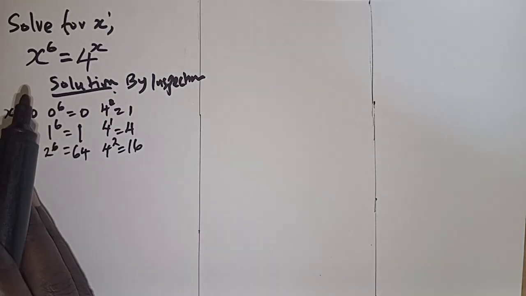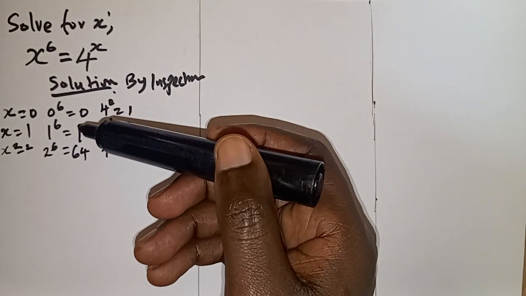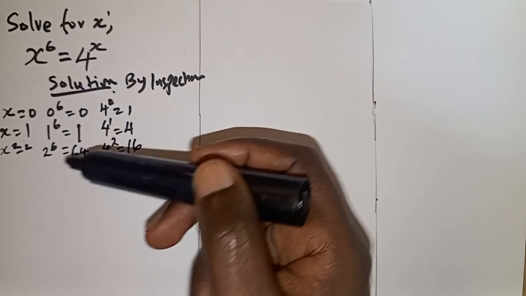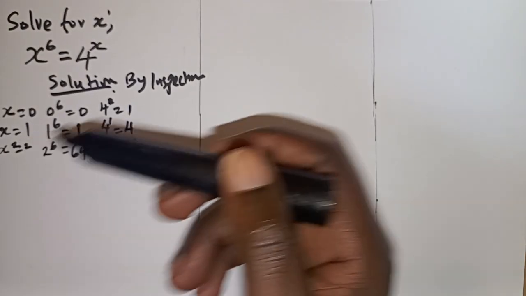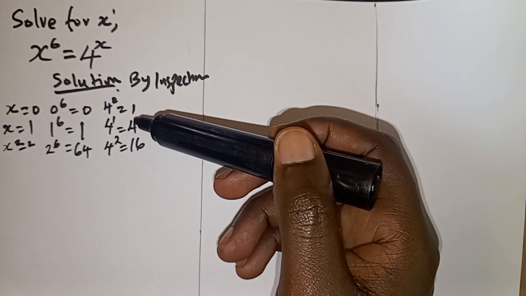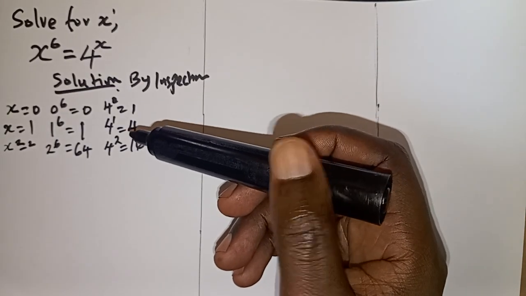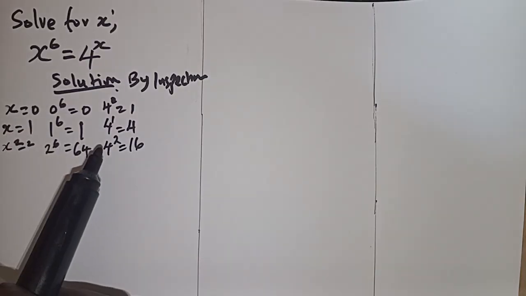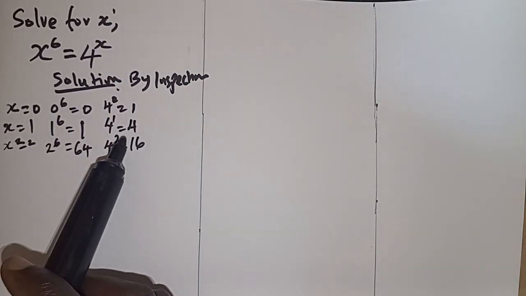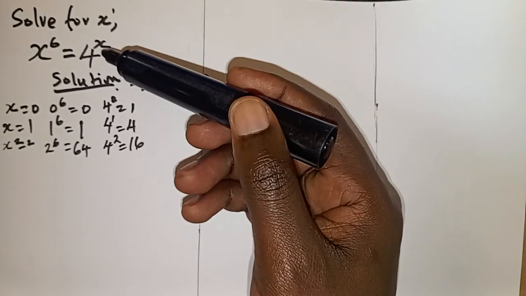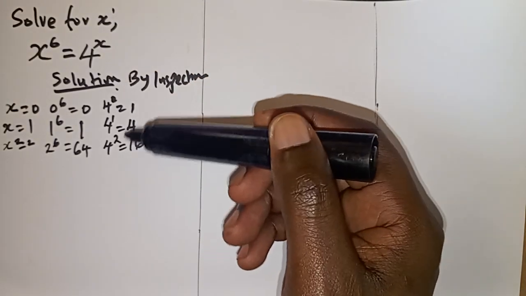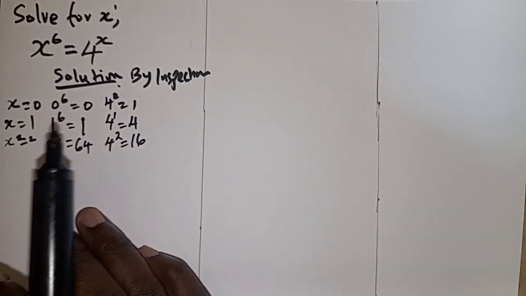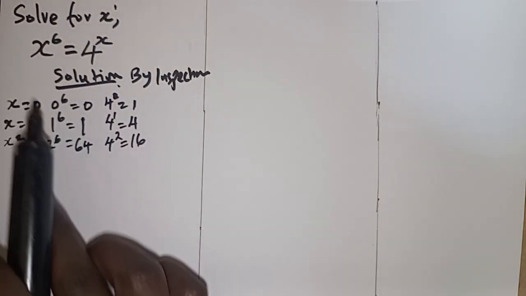So you realize that on my left hand side, it has jumped big from 1 to 64 as x goes between 1 and 2, while on the other side it went from 4 to 16. The left hand side grows exponentially bigger, but the right hand side doesn't grow as fast.